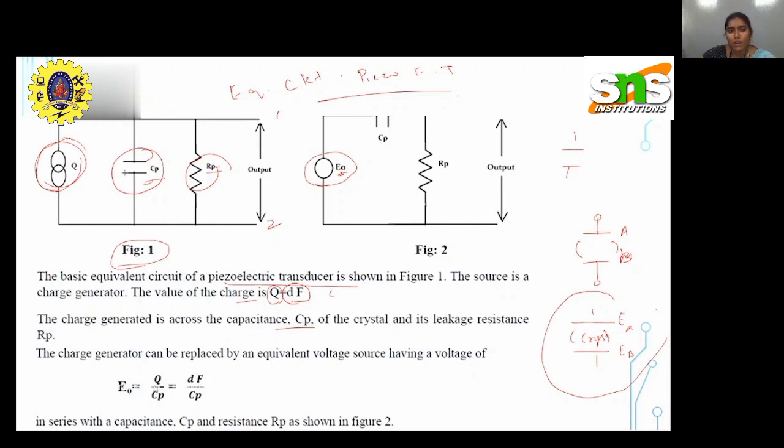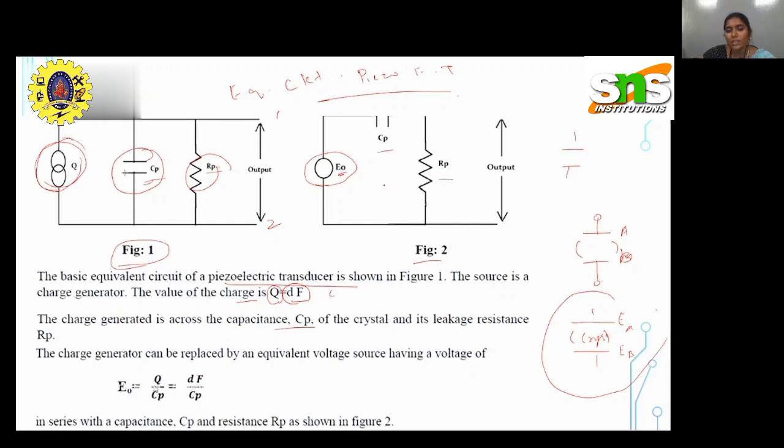That is why we have mentioned it as E naught in figure 2. When you do so, the connection changes: the Cp and Rp are in series connection with E naught, whereas the Q had a parallel connection with Cp and Rp. In the second diagram you have the electric output potential in series connection with Cp and Rp.